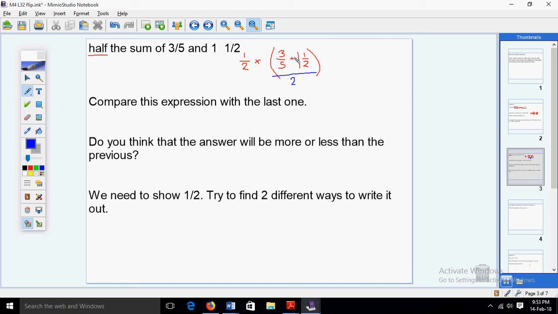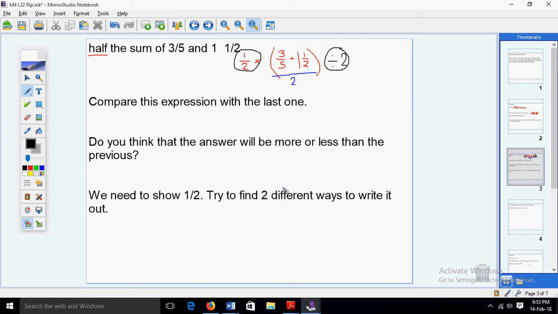So 3/5 plus 1 1/2 over 2, okay? Or another way that we could do this, and let me put this in black, right? So we're ignoring this, you could put divided by 2. All right, so if you notice, I want to take your attention to this. Times 1/2 and dividing by 2 is the same thing.